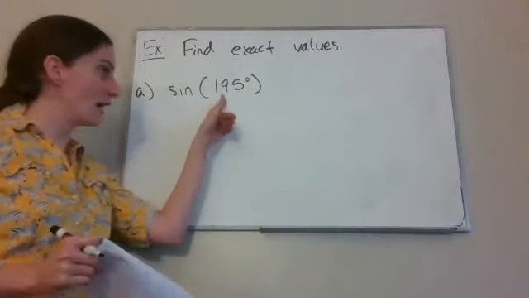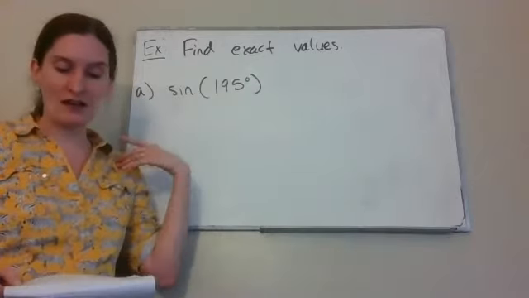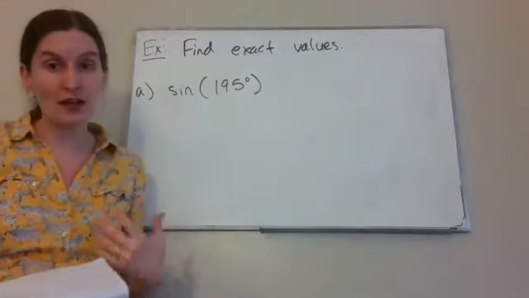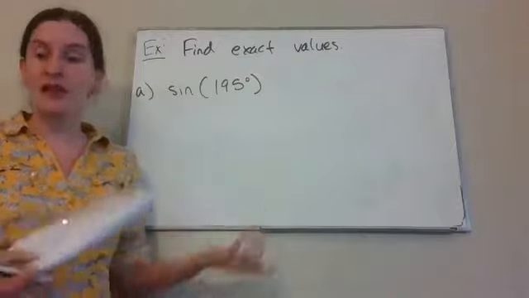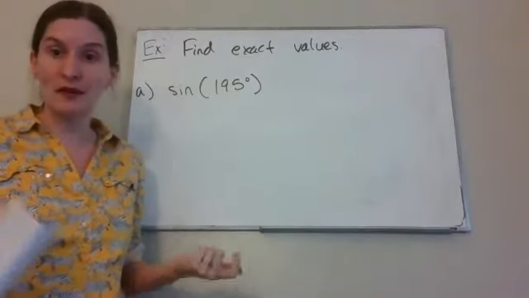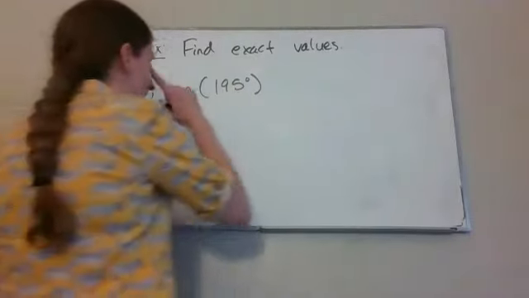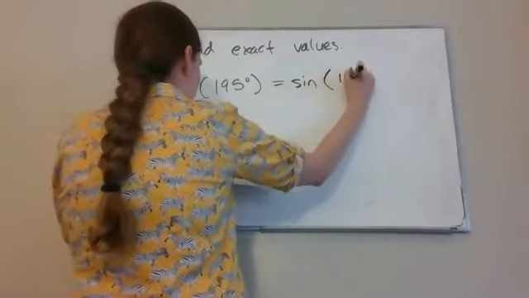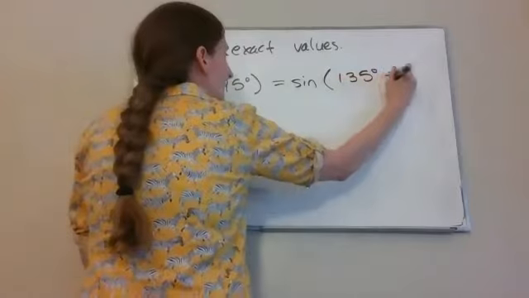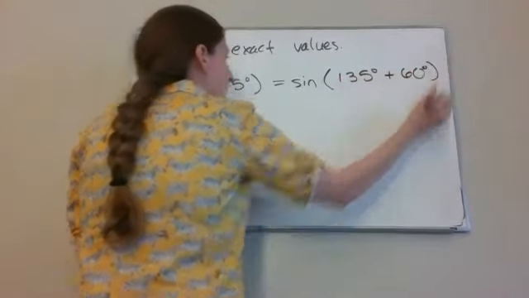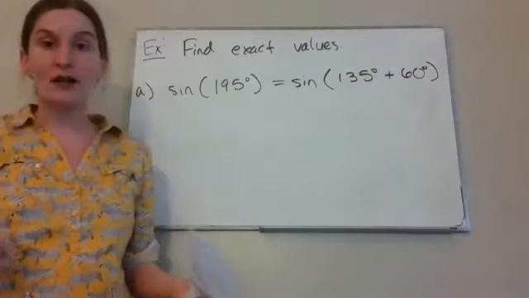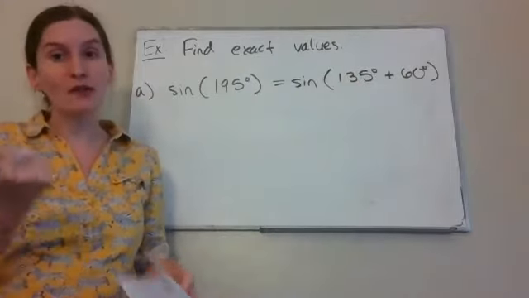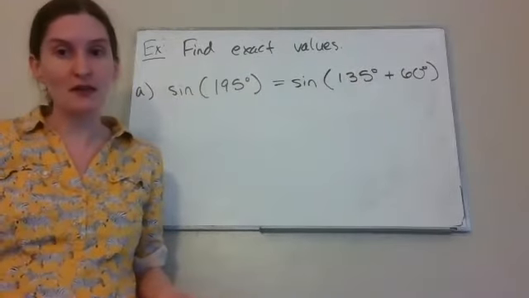However, we can write 195 as the sum of two of our special angles on the unit circle, and then use our sum and difference formula that we just learned. So 195 is the same thing as 135 degrees plus 60 degrees. And 135 degrees and 60 degrees are both some of our special values on that unit circle.